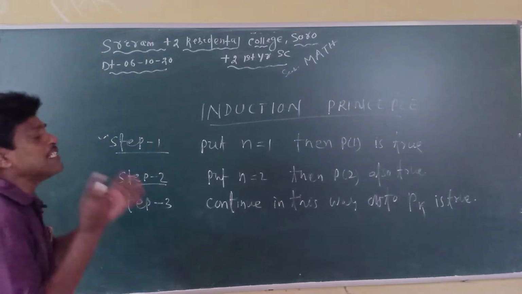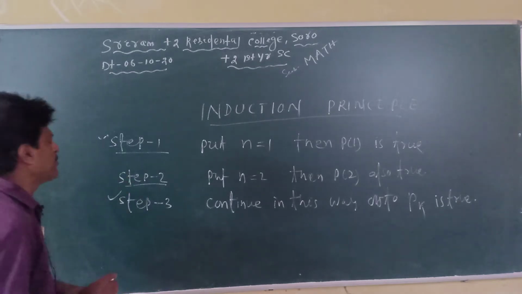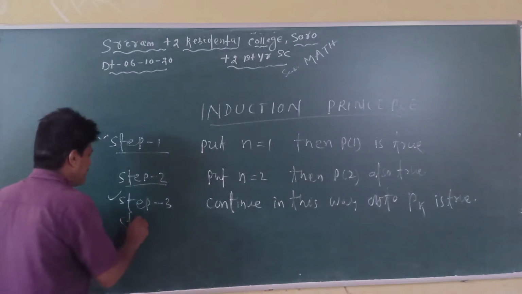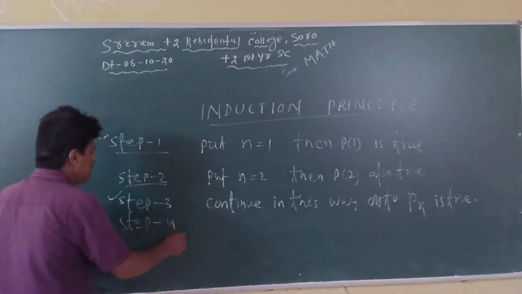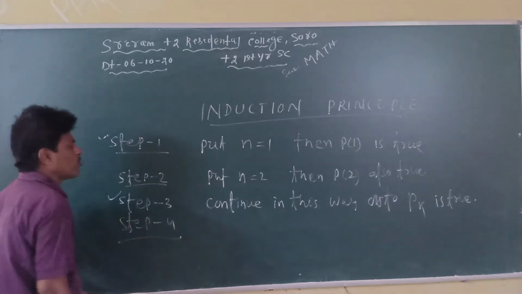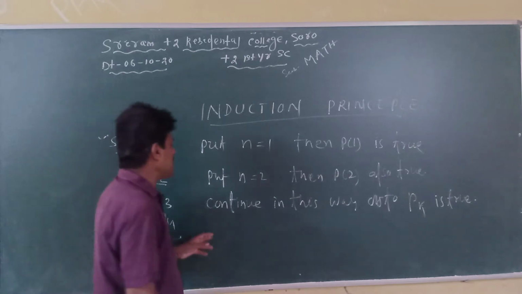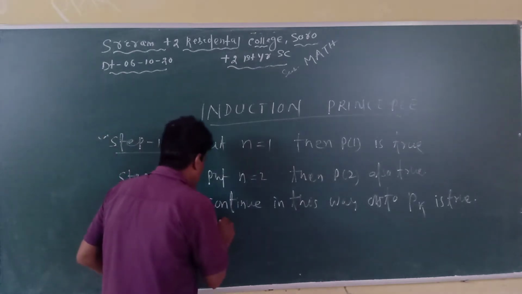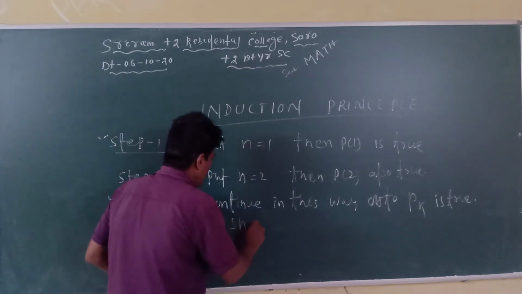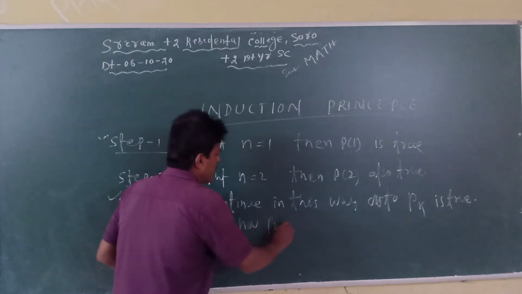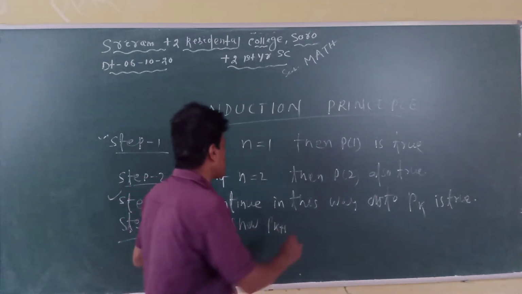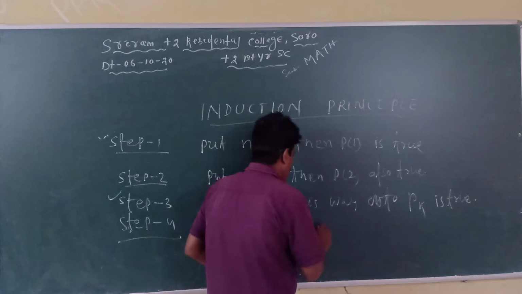But step 4 is the important part of this induction principle. Step 4 is very important. That part is very important, that is, to show that P(k+1), the (k+1)th term, is also true.